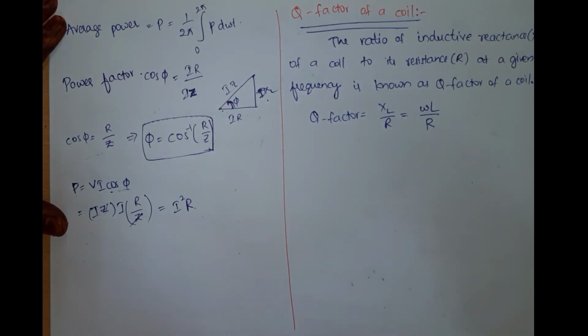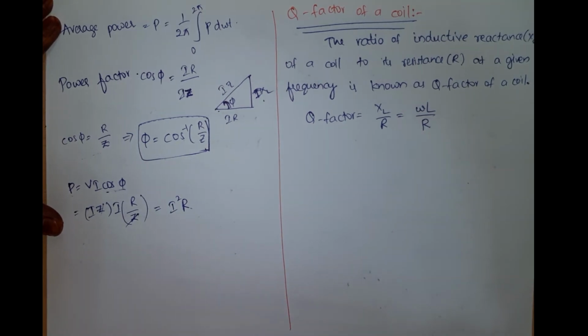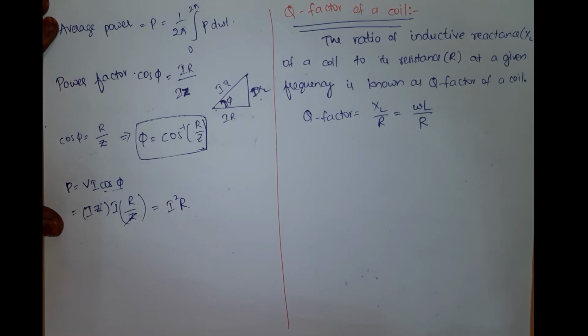So a coil is generally designed for what? It allows some amount of current to pass through it. Due to the passing of electric current through it, it creates a magnetic field. So how strong is that coil? That means how effective it is in establishing a magnetic field around it. This quality factor is a parameter which measures that effectiveness. Generally a coil is designed to have a high value of L when compared to its resistance. Why?